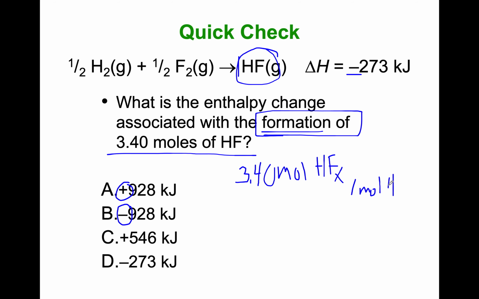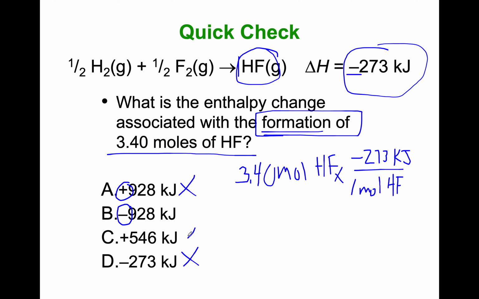But you don't use moles here, you use this. So that's your numerator, minus 273. And you do this calculation, and you can see the number's going to be negative. Positive, didn't have to do any math, but if you do the math, you can see it's negative 928.